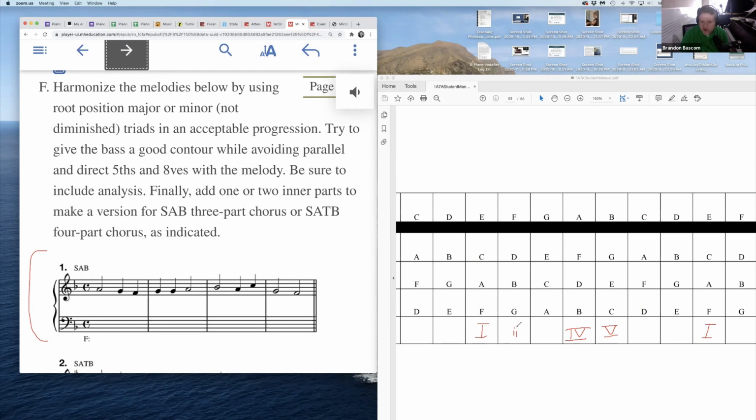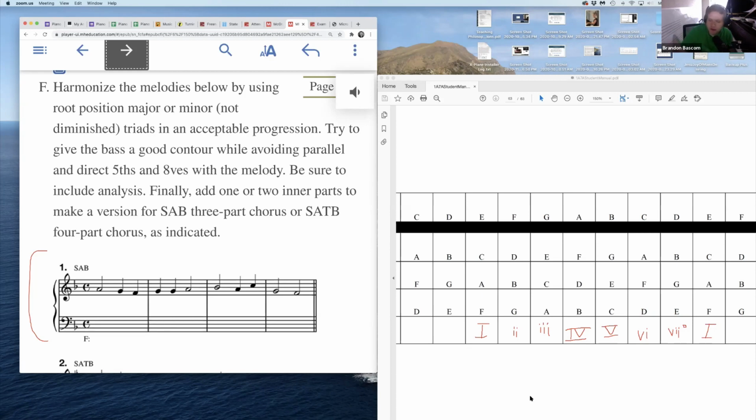Two for my G, 3 for my A. Six for my D, 7 for my E. You with me?